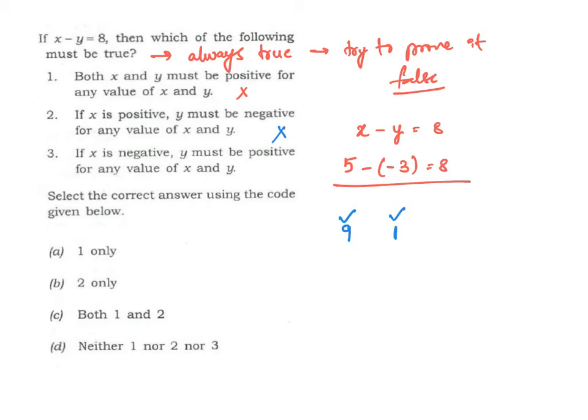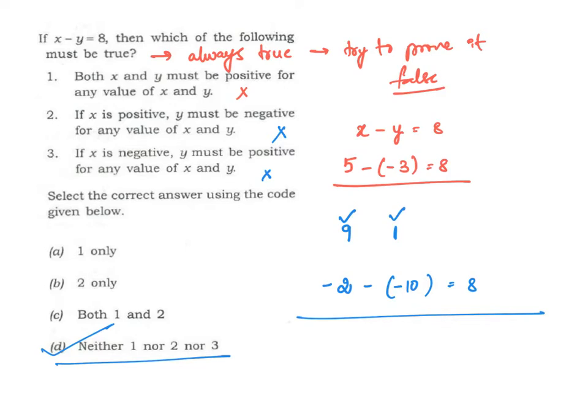Now the third one, if x is negative, y must be positive. Suppose x is minus 2, then y must be minus 10 in order to make it plus 8. So if x is negative, then y must be negative, not positive. So all the three are failing the conditions. So definitely it is neither 1 nor 2 nor 3. Now look at the next one.